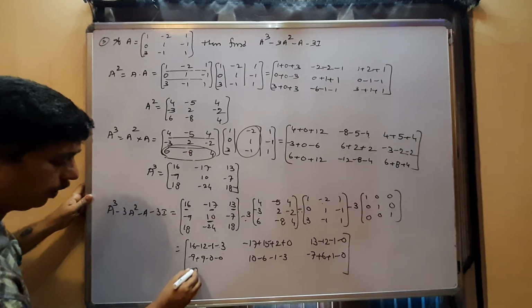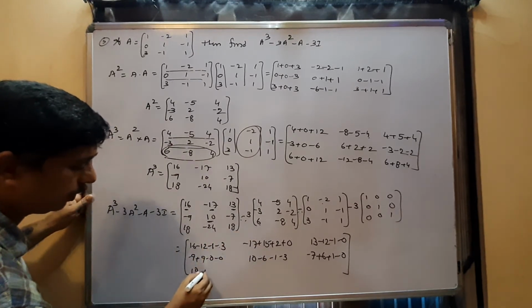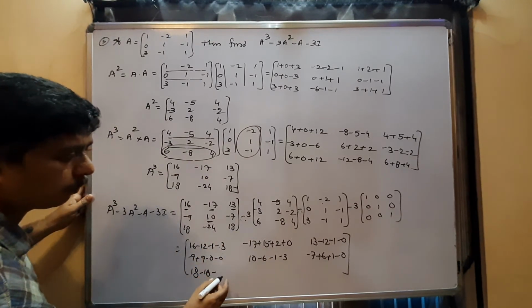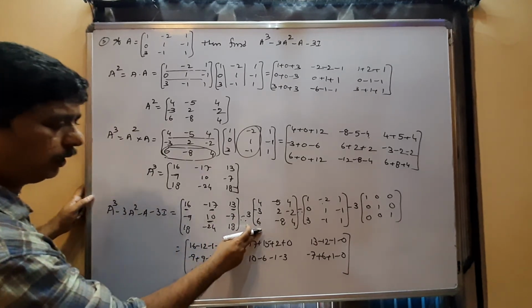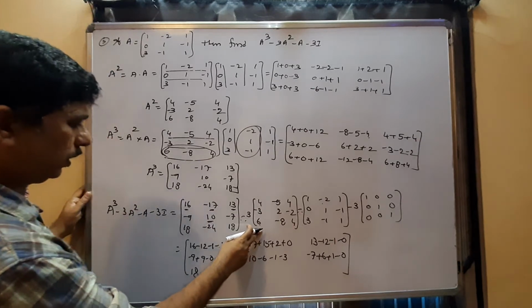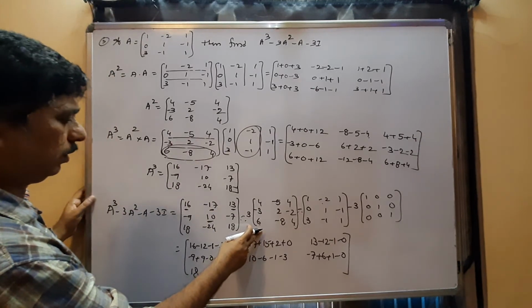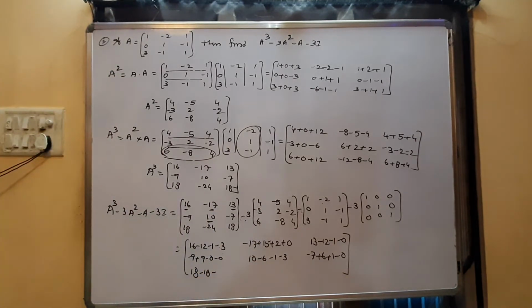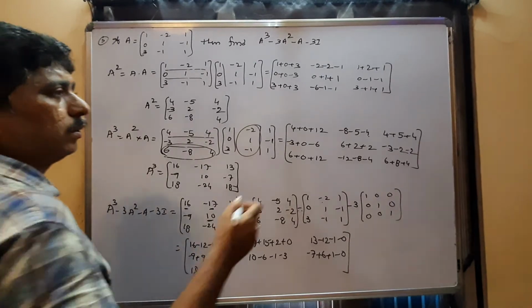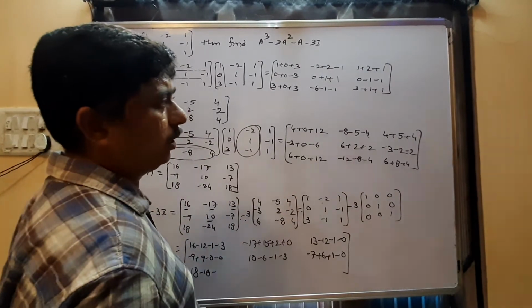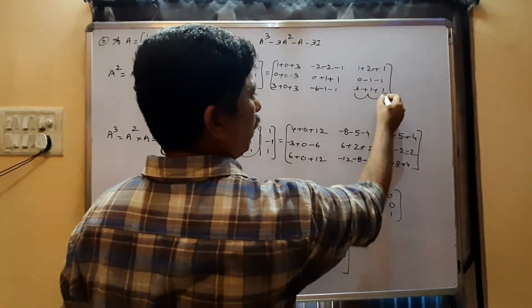Third row first element: 18, minus 18. One second. A small mistake, you have to correct it. 3 plus 1 plus 1, that is a 5.